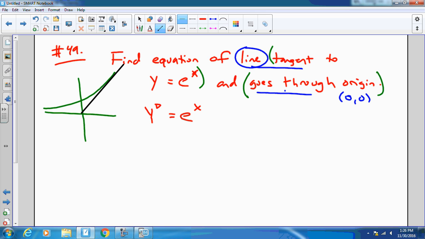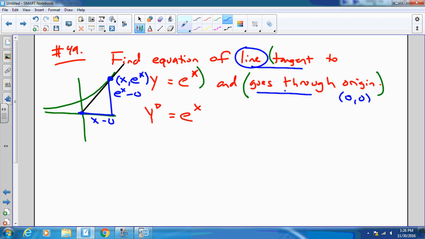And you can see there's only going to be one line that does that. That point has coordinates that we don't know, but they are x, and the y value is e to the x. And so Tony says, all right, I can do the slope for this. The slope is e to the x minus 0 over x minus 0.